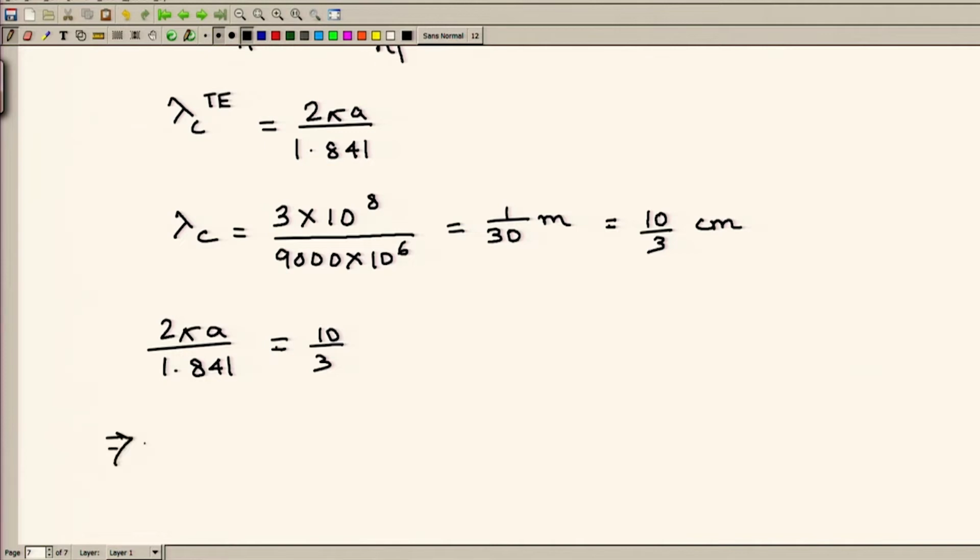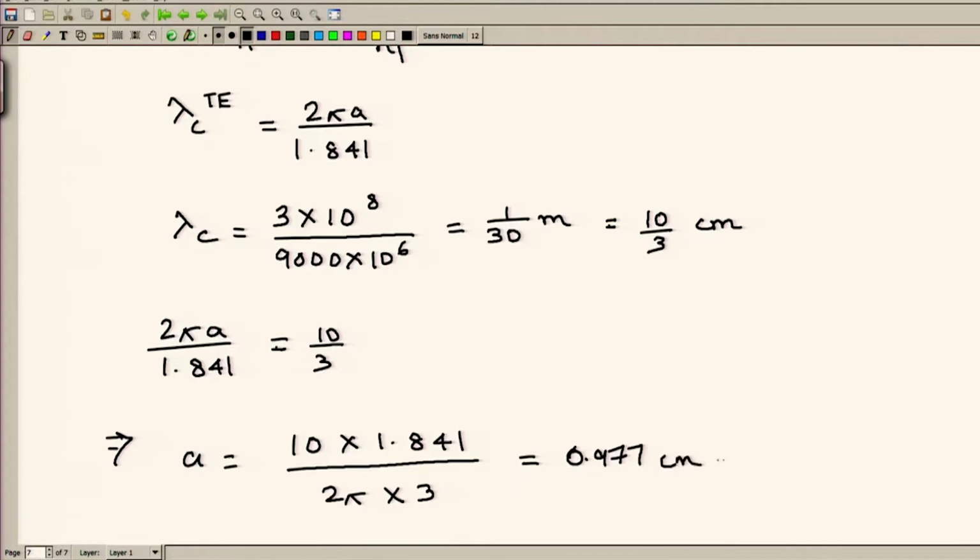So then we will have a as 10 multiplied by 1.841 divided by 2 pi multiplied by 3. So this will give us 0.977 centimeter.